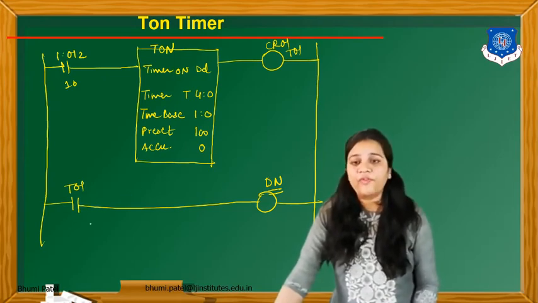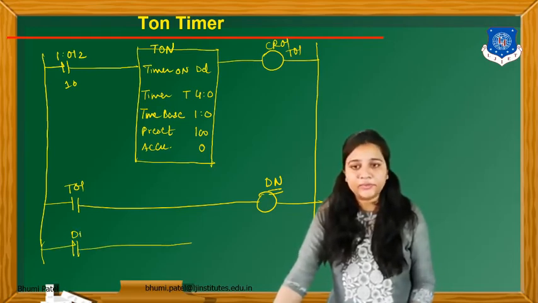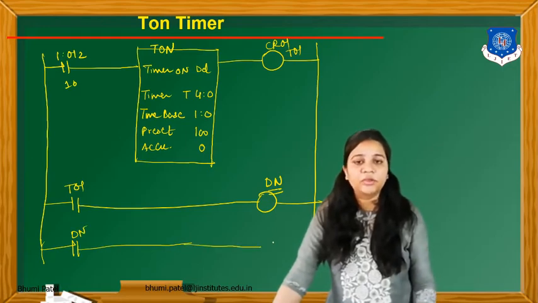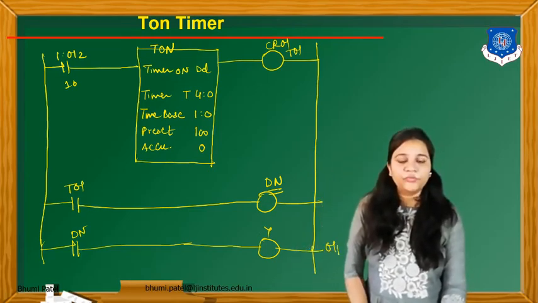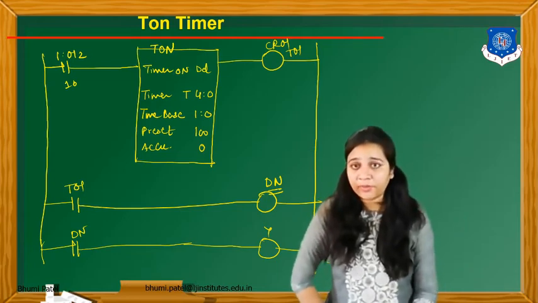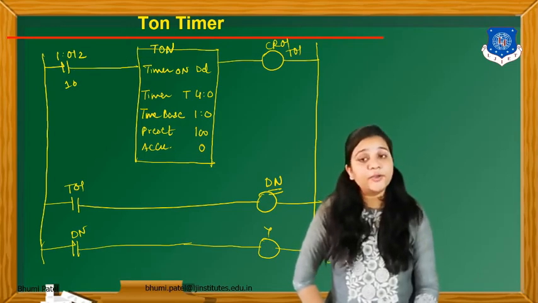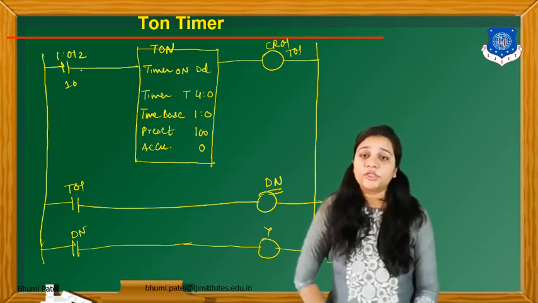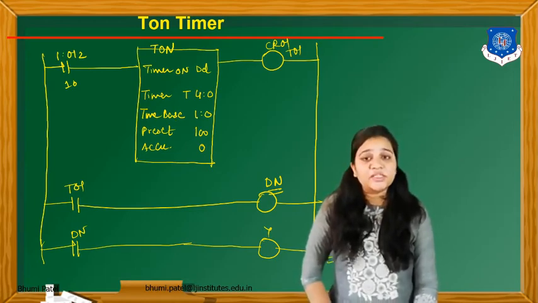The logic sets the output when the done bit is high. If the done bit is high, then whatever output is there, suppose the output name is 1, the output will be on. The must condition is that the input coil is energized for this particular logic. Whenever the input is energized, my timer on delay will be on and my time base will be 1 second.